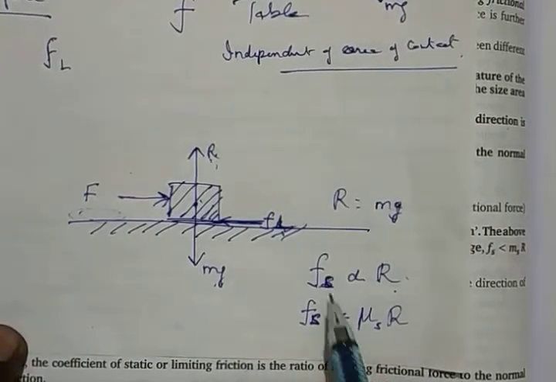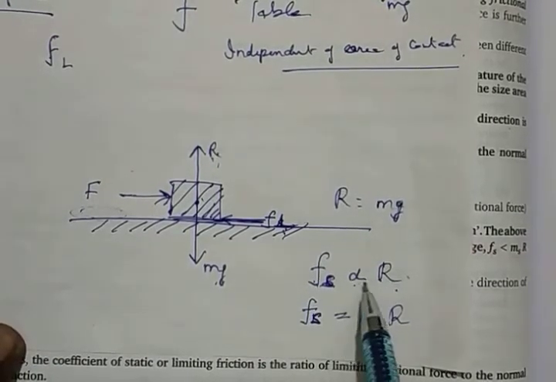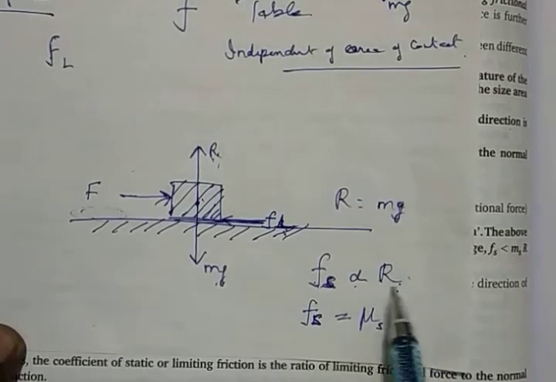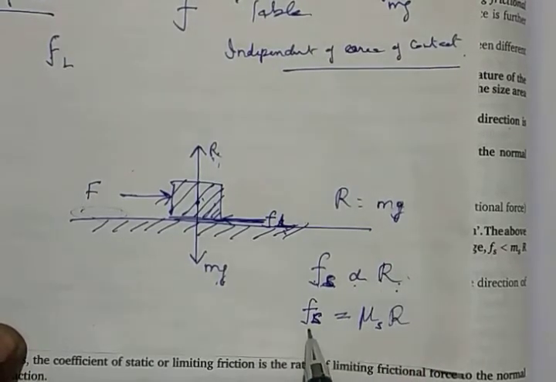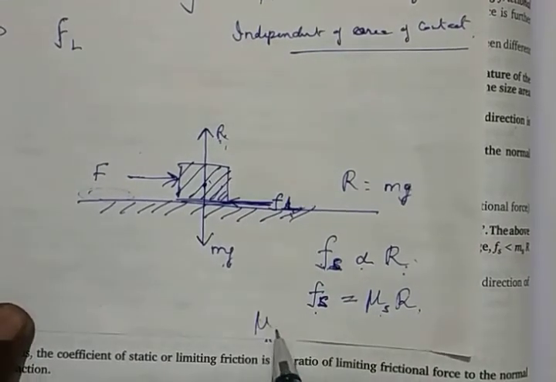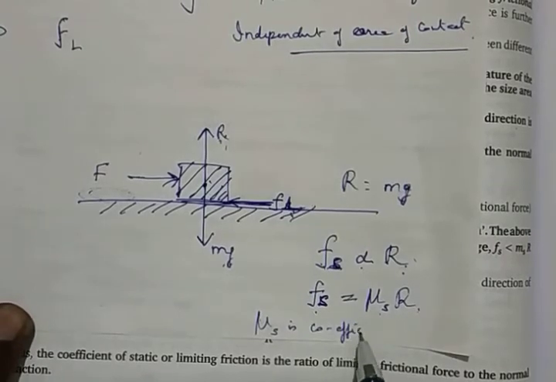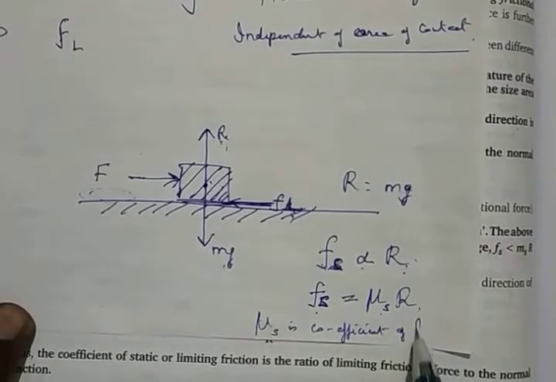Okay. So Fs, the maximum static friction, is directly proportional to the normal reaction. Capital R is the normal reaction. And Fs is equal to mu s times R. What is mu s? Mu s is called the coefficient of friction.